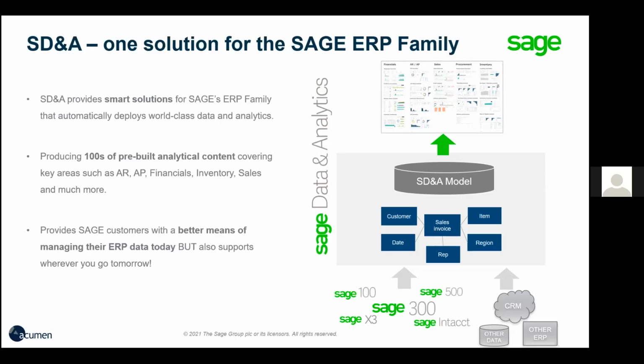Maybe it's third-party products that don't quite integrate with the ERP, or external public sources of data that you would access via web services and things of that nature, all of which can be brought together by Sage Data and Analytics. The data part of what we do is not only that data acquisition and automating it, but also delivering a data platform that has all of the data that you want to report on in a single place in a very consistent manner for the purposes of reporting through a variety of different analytical means.